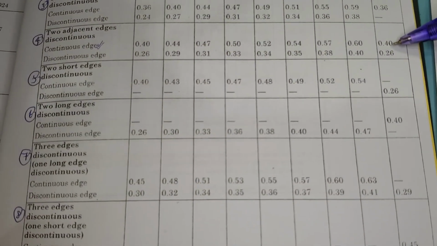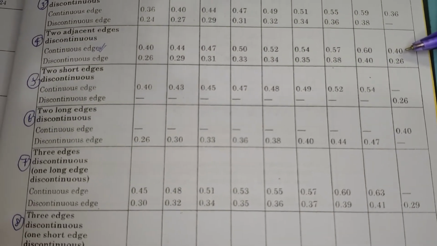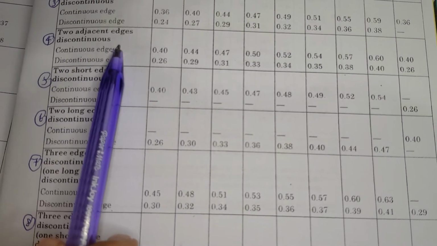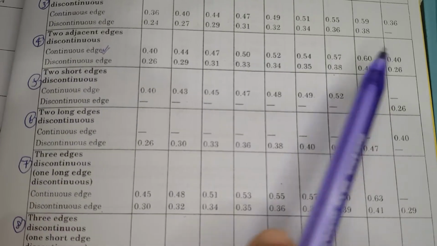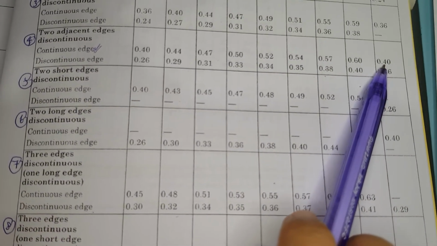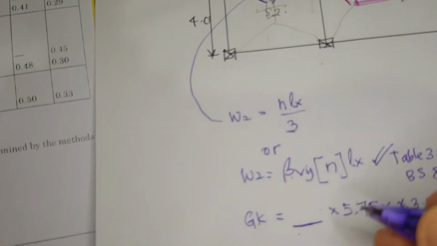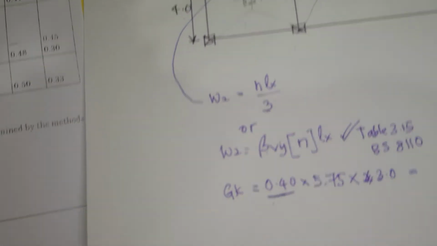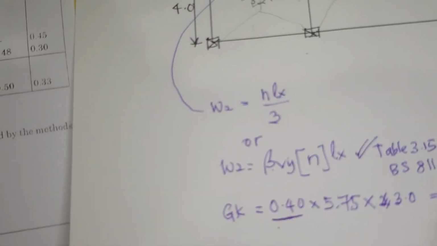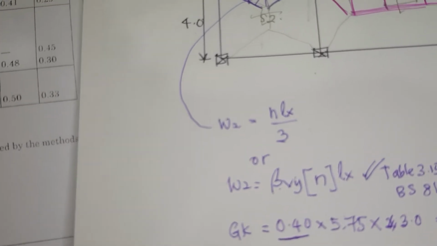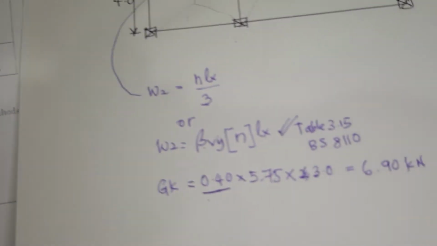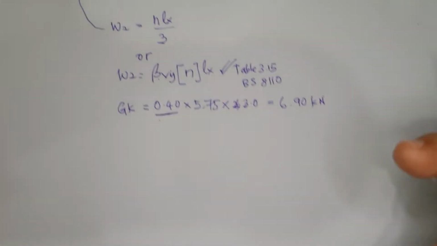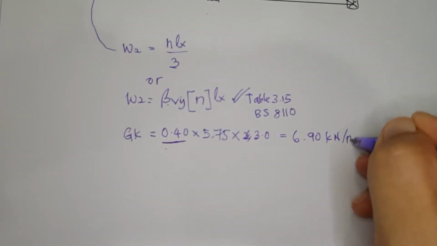So meaning our value for two adjacent edge discontinuous, for continuous edge is 4. So this is the value 0.40. And the answer here is 6.90 kilonewton per meter.